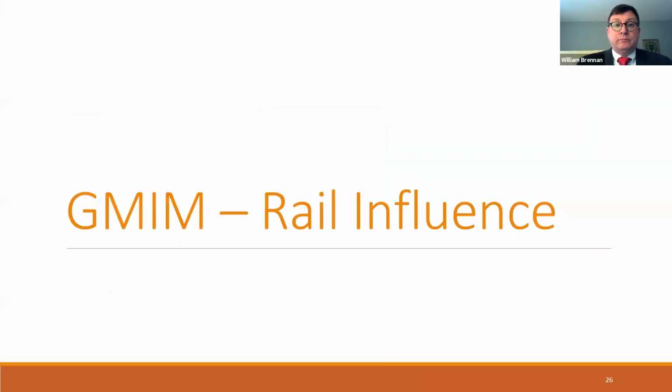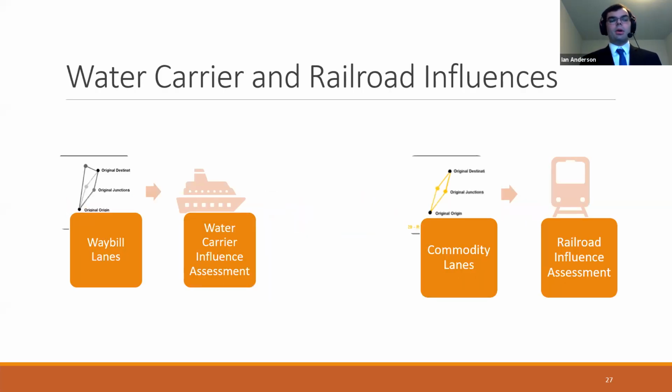While the process used to ascribe potential railroad influence is similar to the water influence model, it also leverages additional data found in the waybill sample. We start by looking to see if there are alternative railroad stations close to both the origin and destination stations. Then we add two constraints.